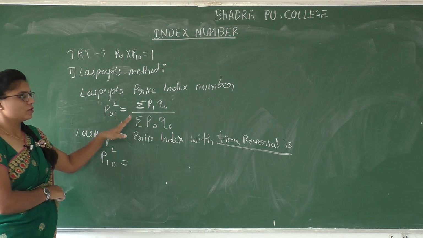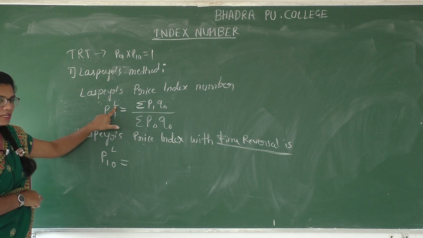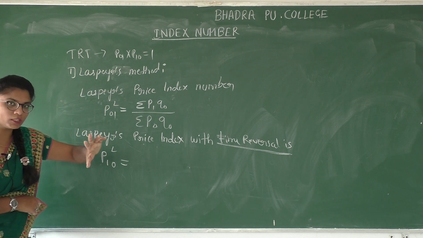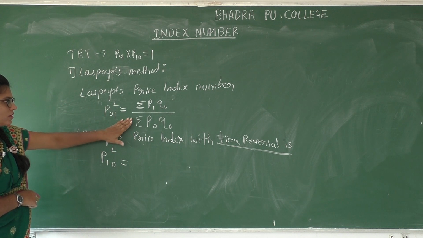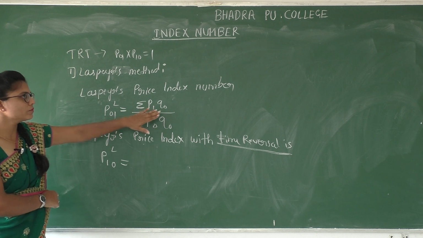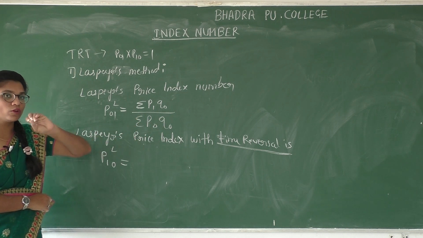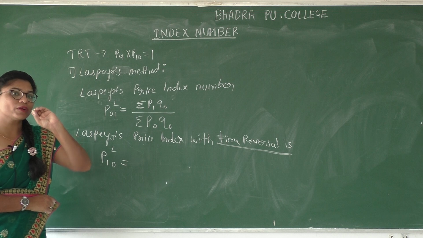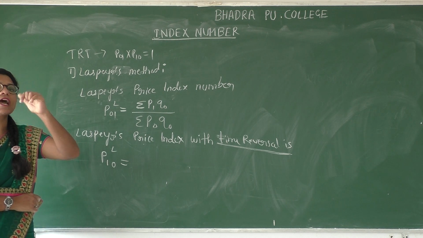Listen very carefully. P01 L is equal to, we have written last year's price index number: sum of P1 Q0 divided by sum of P0 Q0. Now we are going to write last year's price index number with the time reversal.